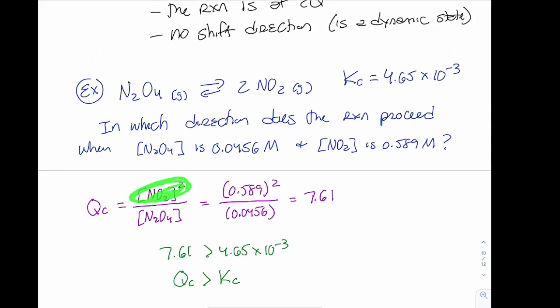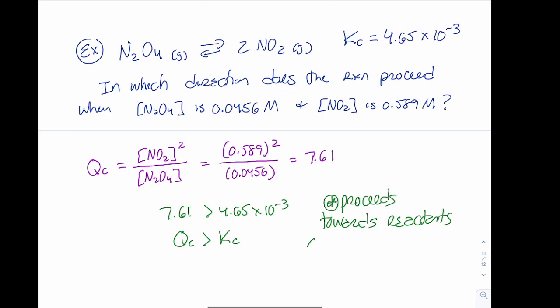I have too much of this, too little of this. So it is actually going to go in the reverse direction. It's going to proceed towards reactants. We could say in the reverse direction.